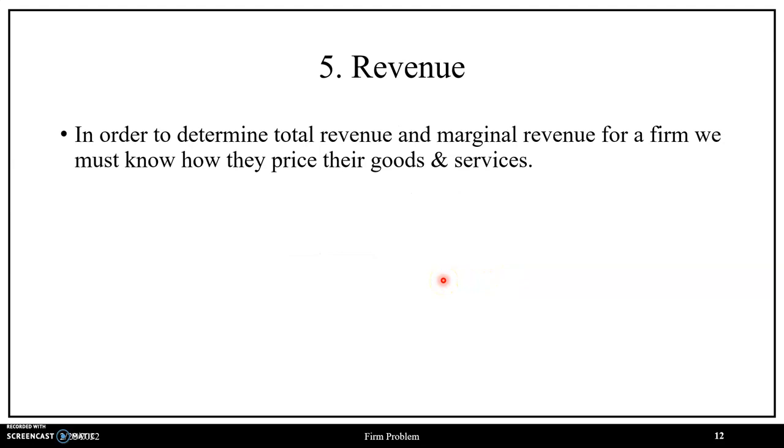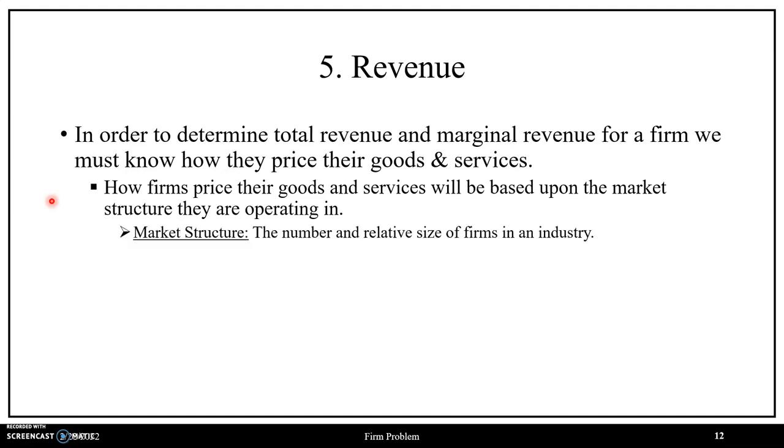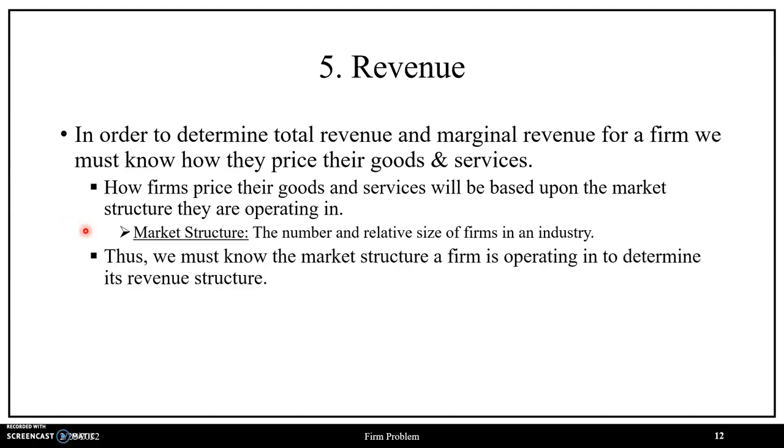However, observe that we did not go through an example in terms of total revenue and marginal revenue yet, and that's going to be due to, in order to determine total revenue and marginal revenue for a firm, we must know how they price their goods and services, where firms will price their goods and services based upon the market structure they are operating in, where market structure is going to be the number and relative sizes of firms in an industry.